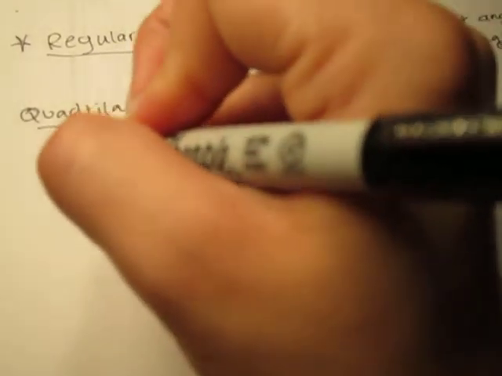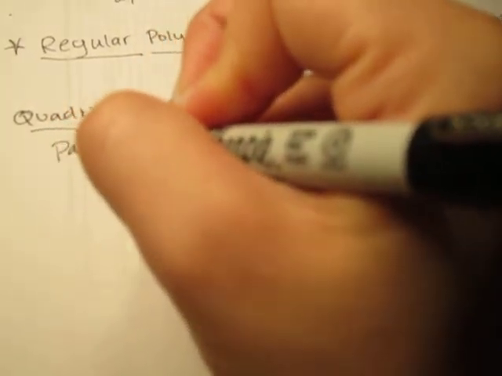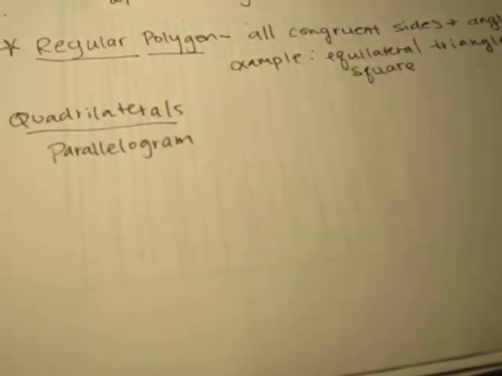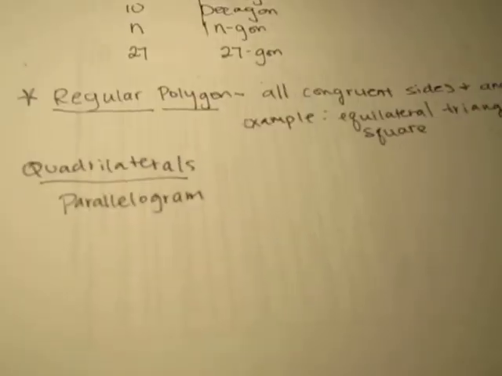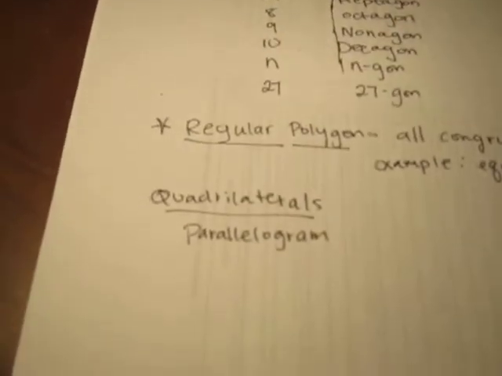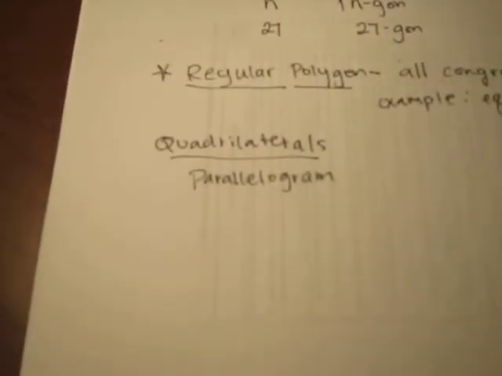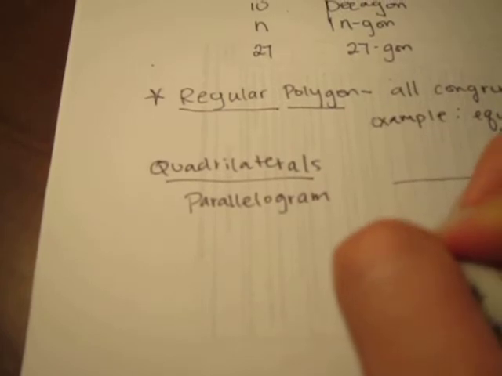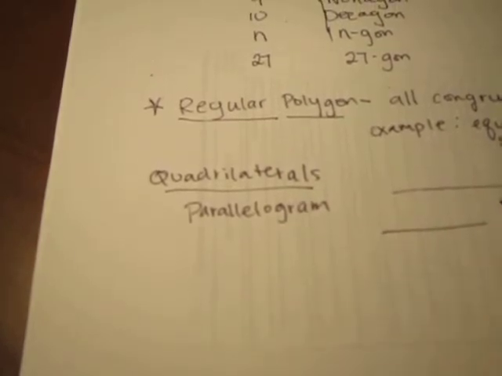So the first one is called a parallelogram. Remember yesterday we talked about parallel lines being that they can go on and on. So a parallelogram looks something like this.